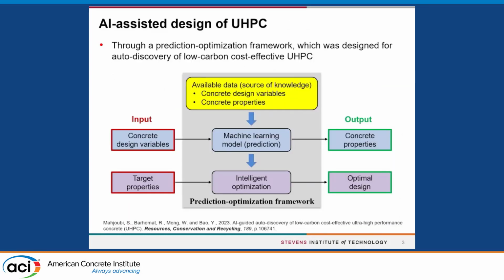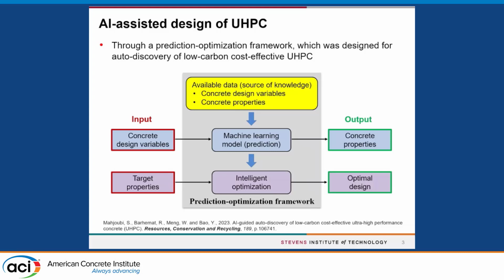Therefore, we developed the AI-assisted design framework for auto-discovery of low-carbon, cost-effective UHPC. The first step of this framework is that we have to obtain large enough and good enough data for high accuracy of the machine learning model, and then we will develop the machine learning model for prediction.